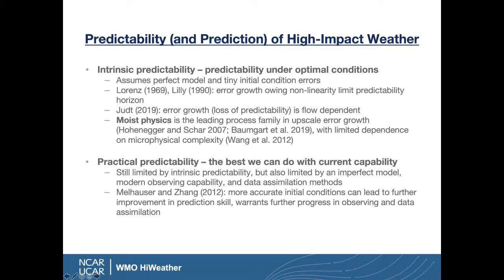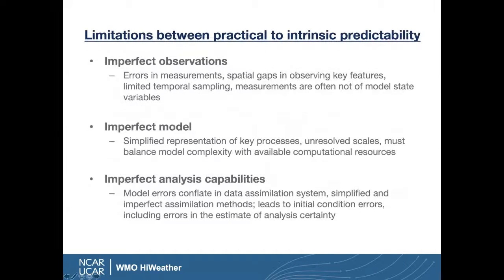Again, the limitations here come from imperfect observations, and this is simply because we don't have observations everywhere. There are spatial gaps, temporal gaps. Often measurements such as from radars and satellites are not of atmospheric state variables, and in that sense those observations are difficult to initialize models with. And our models are at best a simplified representation of the true processes within the atmosphere.